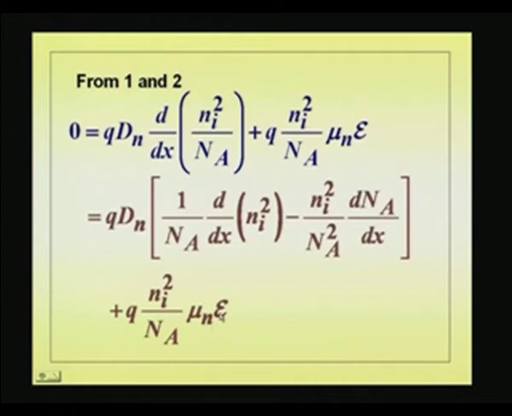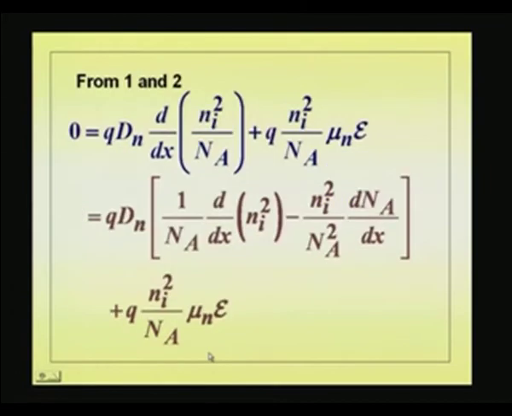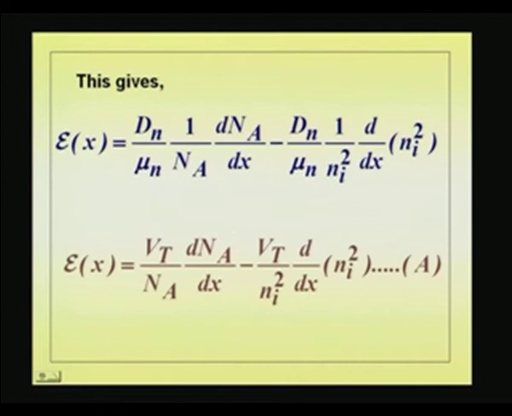Now, E is given by equating to 0. So, what I do is I find E equal to, I take all these things to the other side, divide by Q Ni squared by Na. Let us take this term for example. Let us take this term, divide by Q Ni squared by Na, that when you do, you get that.